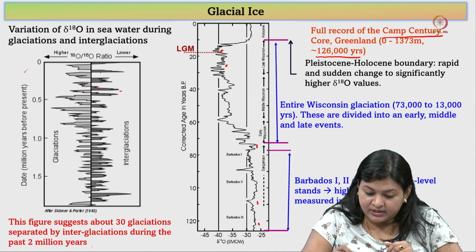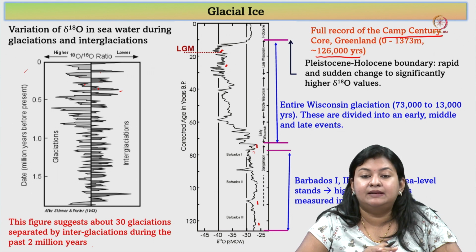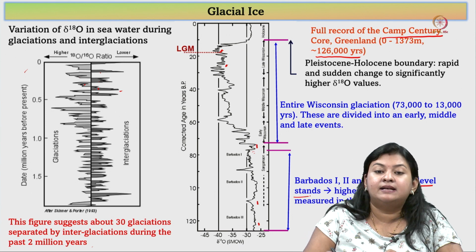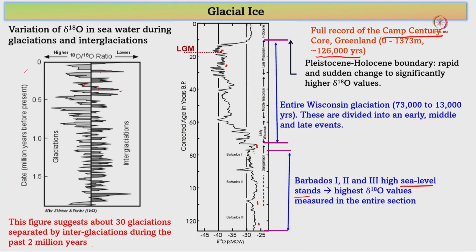And during warmer time periods, the sea levels will rise, and these are called the high sea level stands. That means there is an immense increase in the sea level, and during this period, which is broken down into Barbados 1, Barbados 2, Barbados 3, there is a lot of progression of the ocean masses of the sea into the continents.